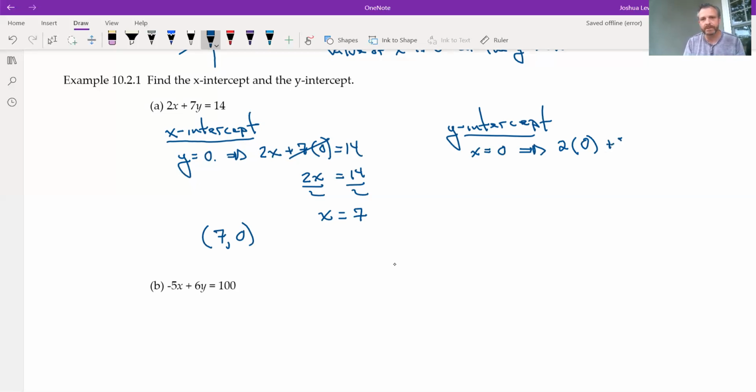And so 2 times 0 plus 7y equals 14. 2 times 0 is just 0. So we're left with 7y equals 14. So y equals 2, and my y-intercept then is (0, 2). Okay?